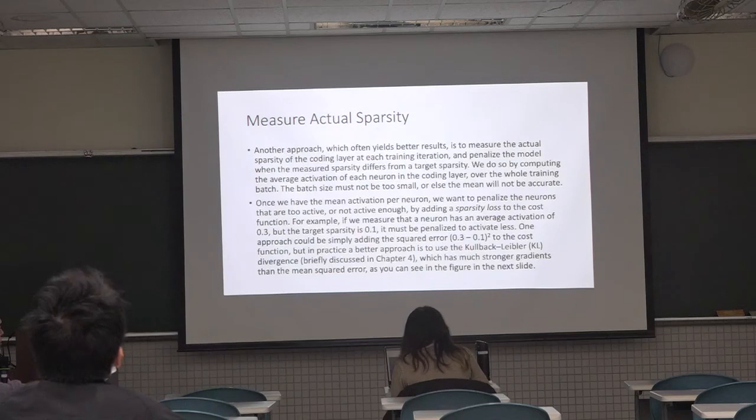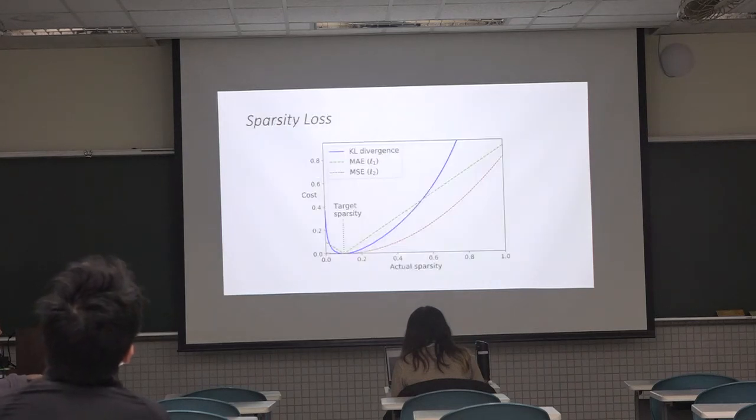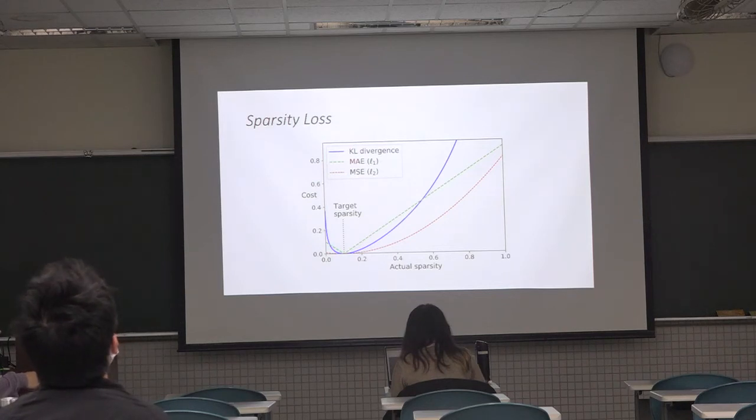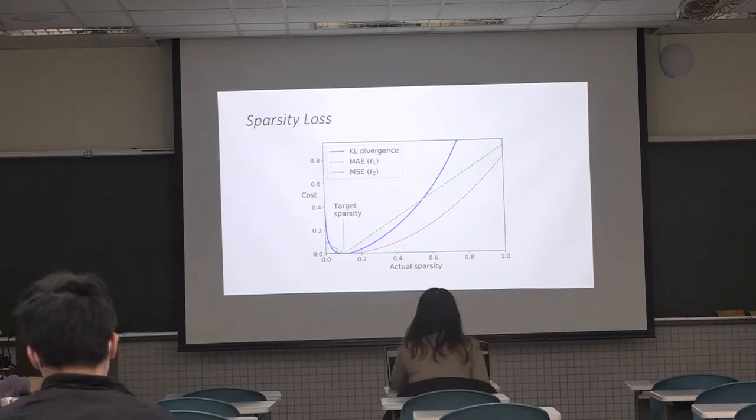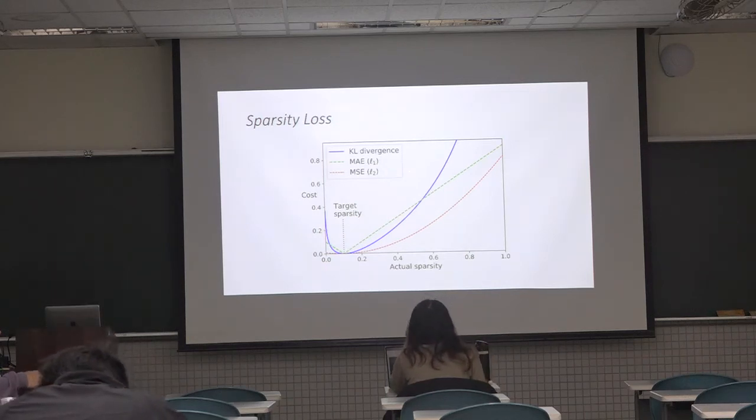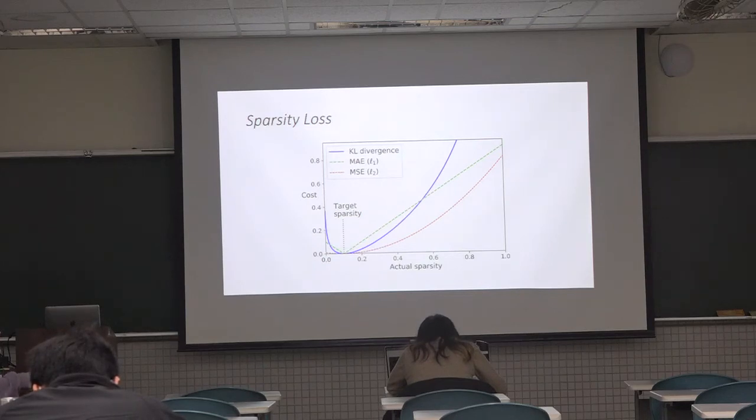This provides a stronger gradient than the mean square error. Here you can see the green dotted line is the MAE, mean absolute error. It's a straight line. The MSE is like this. The gradient is the slope, right?